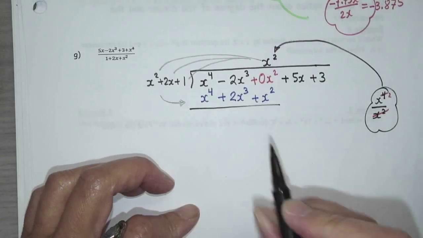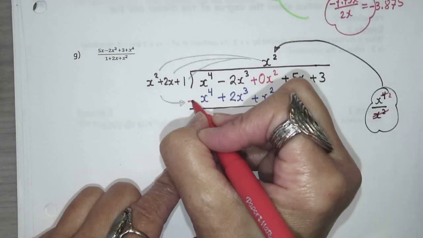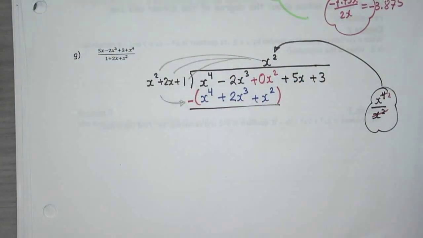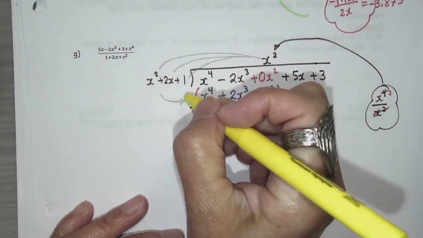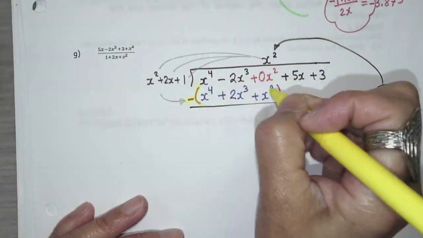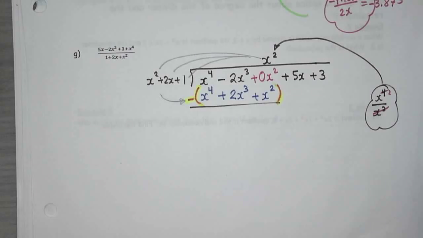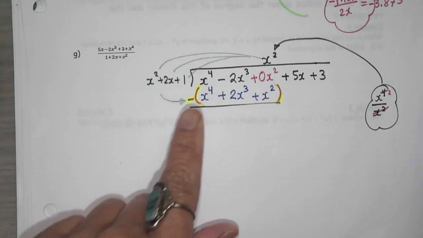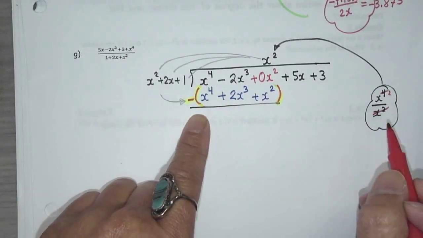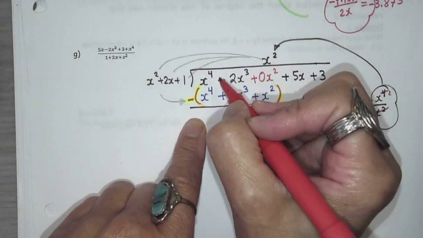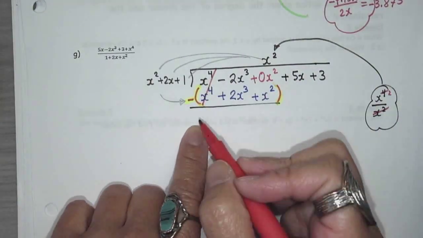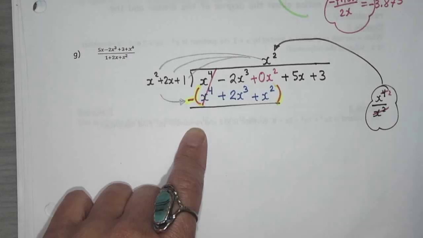So do this. You're going to go minus, so make sure you never forget the minus, and then all 3 of the terms now. So I'm going to highlight that again. You're subtracting all of the terms, 1, 2, 3. The first 2 should always cancel out. We chose it, right? We did the division, so that should cancel out to 0. You can put a 0 or you can just cross it off when you subtract.